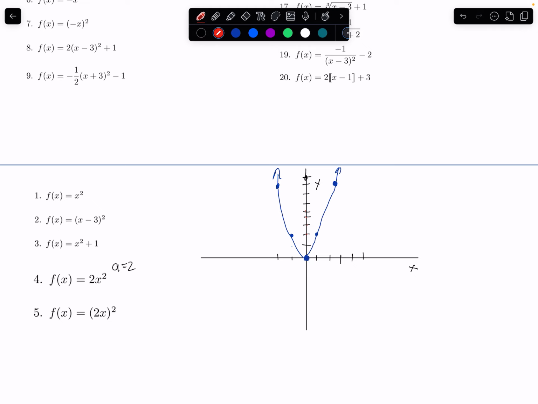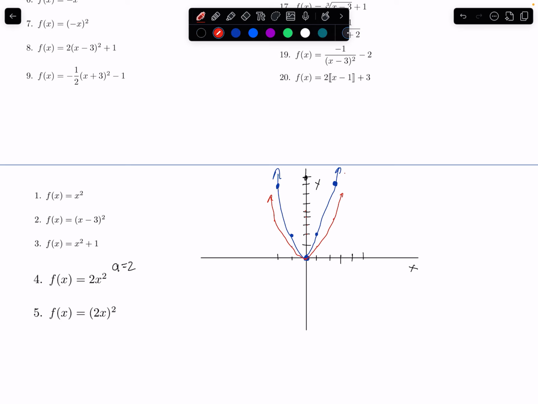So original graph would have been here, here, 1, 2, 3, 4, here, and 3, 9, something like this. Something like that. Okay, so you see how it's stretched vertically, right? Compared to the original. Okay, now on to number 5.